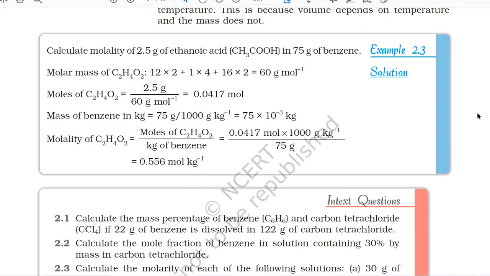Molality of C2H4O2 is equal to moles of C2H4O2 upon kg of benzene, which is equal to 0.0417 mole × 1000 gram per kg upon 75 gram, which is equal to 0.556 mole per kg.